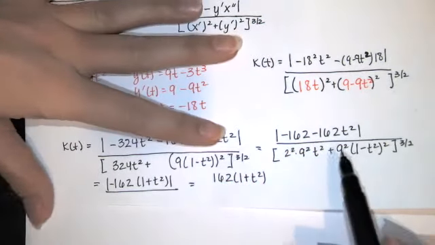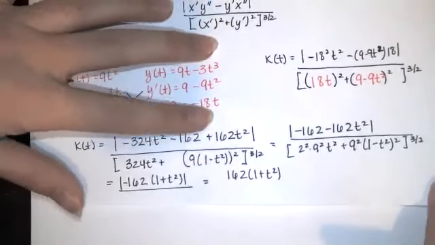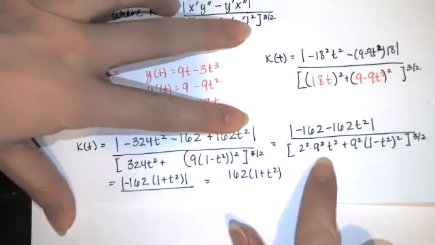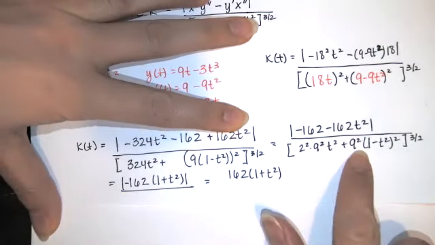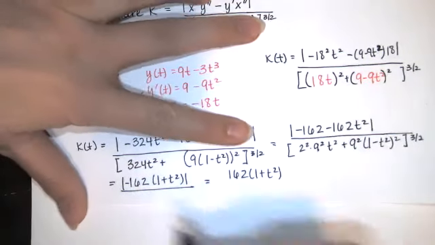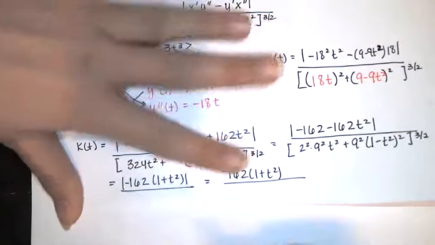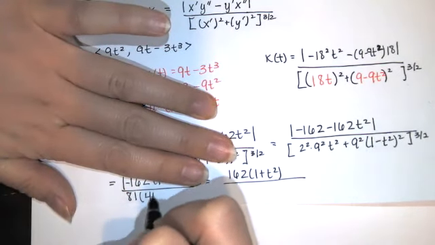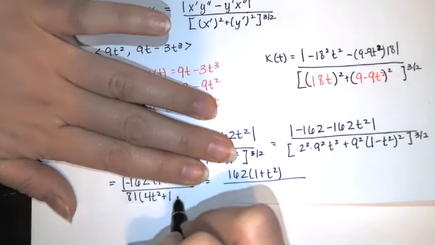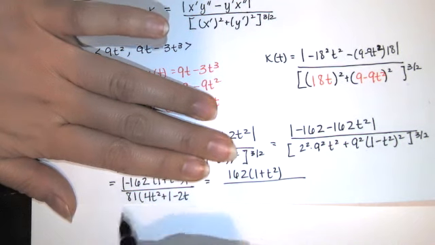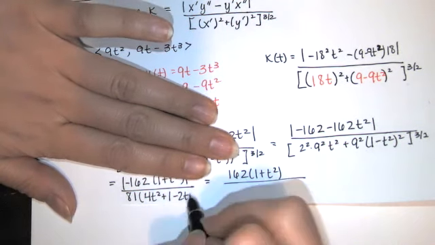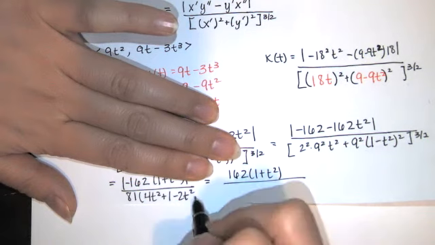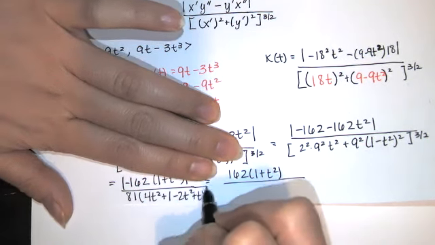And then this denominator, it's kind of messy, but we can work it out. If we factor out that 9 squared and that 9 squared, so we're basically factoring out an 81. We've got 81 times 4t squared plus 1 minus 2t squared plus t to the 4th.